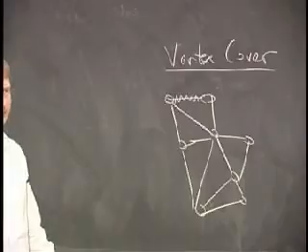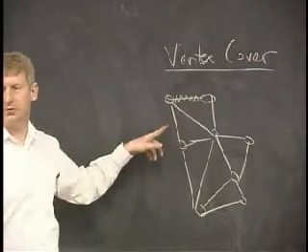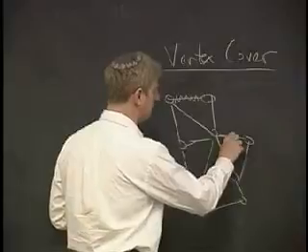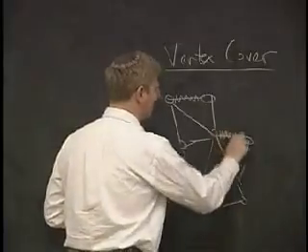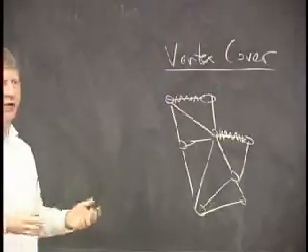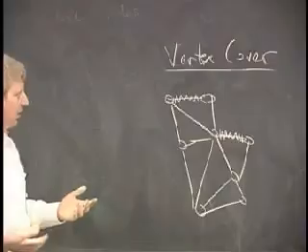Just randomly pick another edge. Let's pick another edge that isn't connected to these. Anyone. How about this one? Okay. And now again, let's pick another random edge that isn't connected to any of the nodes that we have.